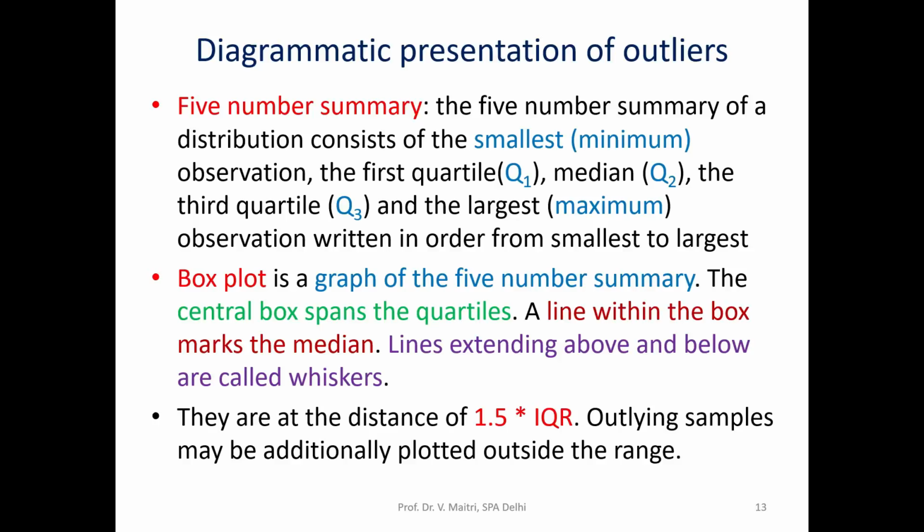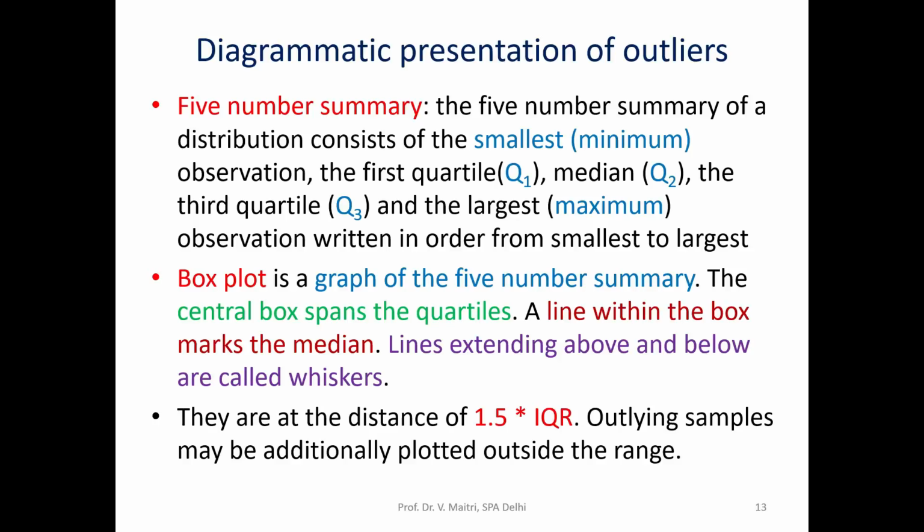Now last time, if you remember, we discussed the outliers. We also discussed how the outlier is playing a game, and there is a 5-number summary. What do you mean by a 5-number summary of a distribution?